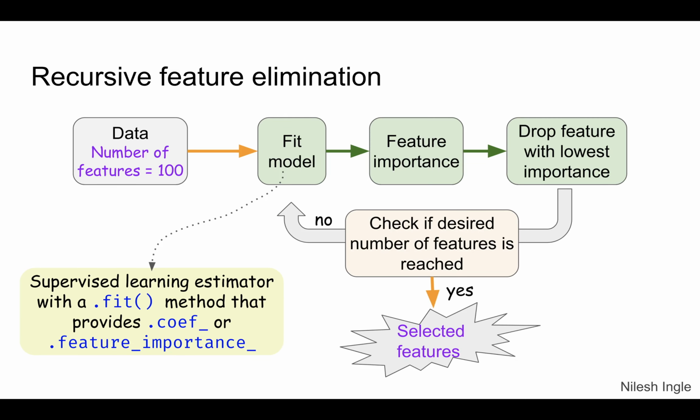So recursive feature elimination, RFE, this is kind of the flow of that. Let's say we start out with 100 features, we fit a model, we look at the feature importance for each of the features, then drop the features that have the least feature importance, and then check if, after dropping the features, we have reached the final number of features that we need.